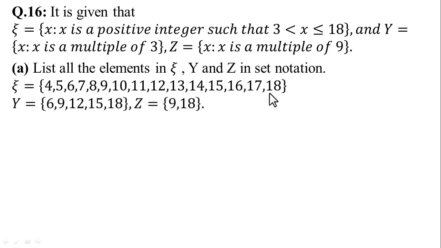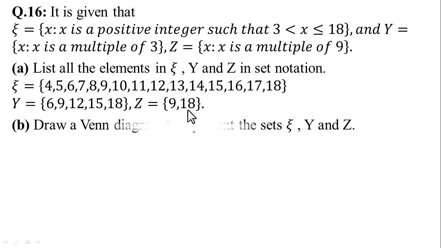Multiples of 3 greater than 3 and less than or equal to 18, so Y is equal to 6, 9, 12, 15 and 18. Z is the multiple of 9, so Z is equal to 9 and 18.